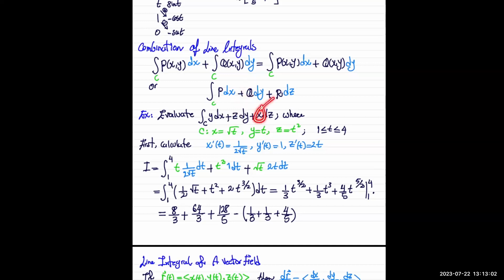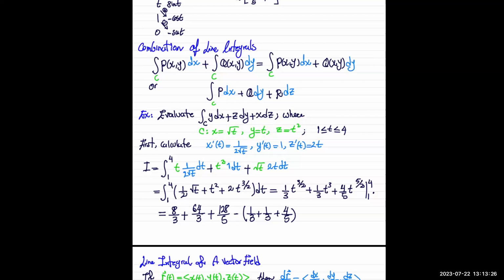Here r is just x. It could be something more complex for these, but this is the line integral. It's done along c, where c is given parametrically by x equal to square root t, y equal to t, and z equal to t squared.